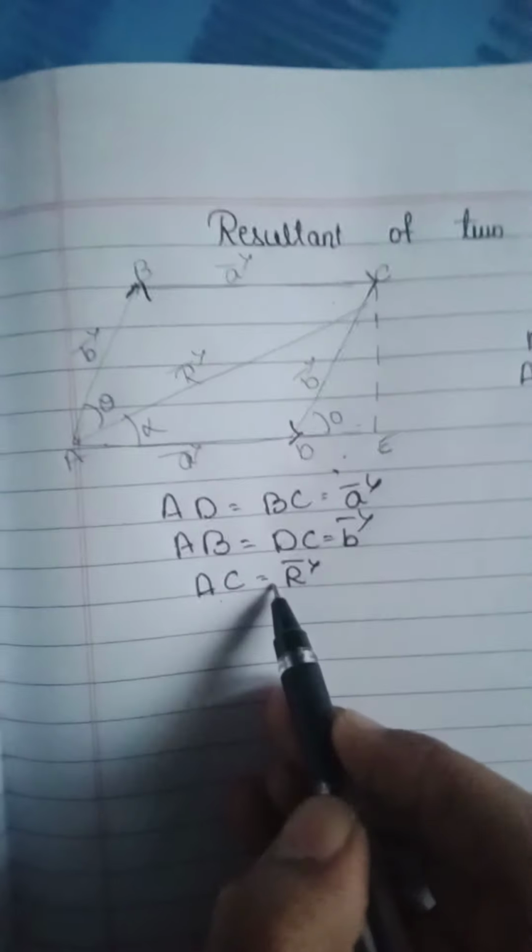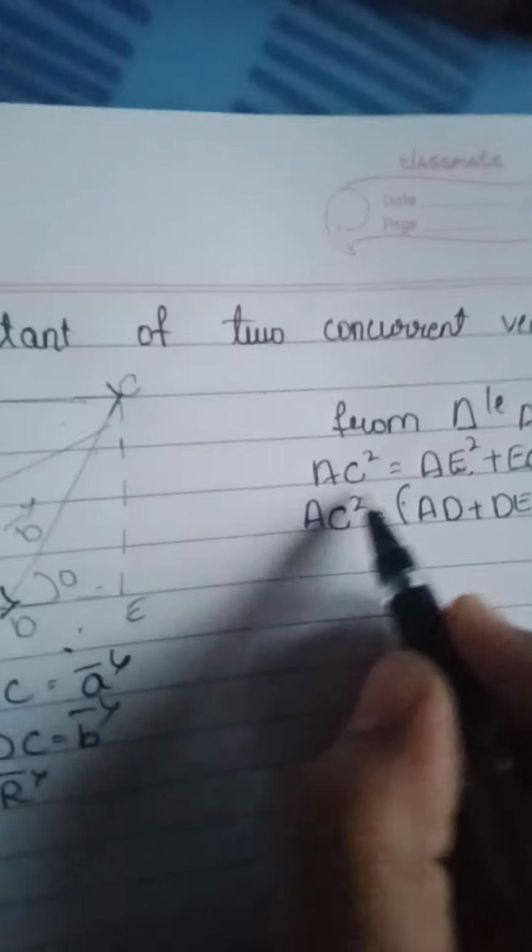We know that EC is equals to vector R. So AC square, we write as AD plus DE whole square equals, they are in the form of A plus B whole square.